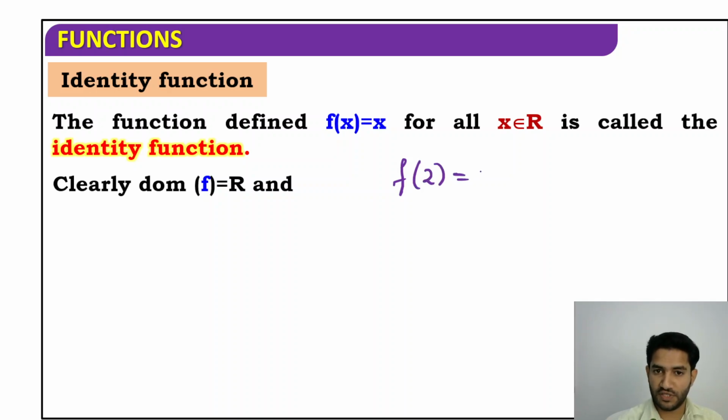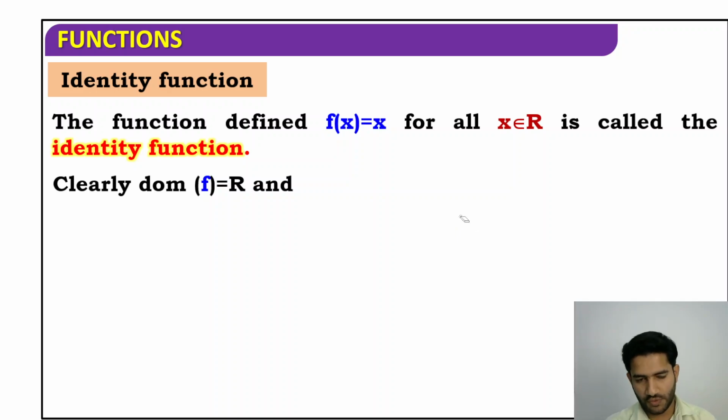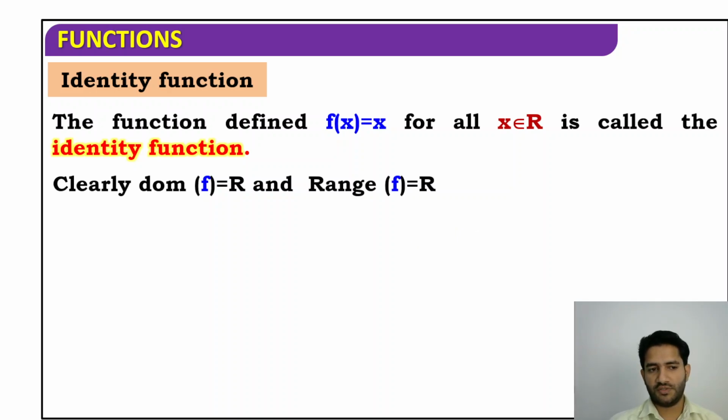We will get the function value f of 2 as 2, or f of 3 as 3. So there is no confusion, I think. The range is the set of all real numbers and the domain is also the set of all real numbers.